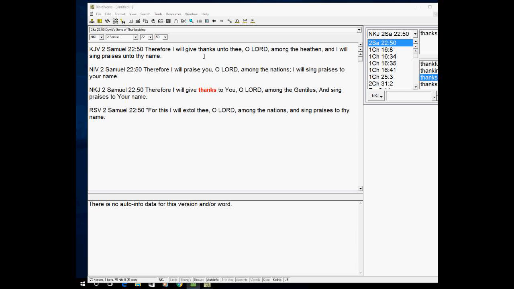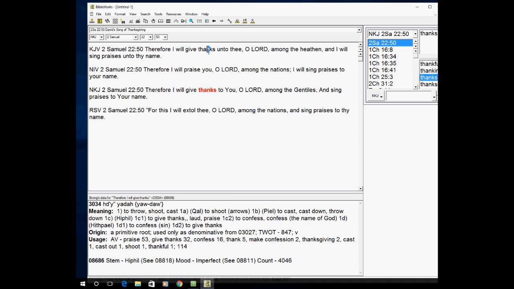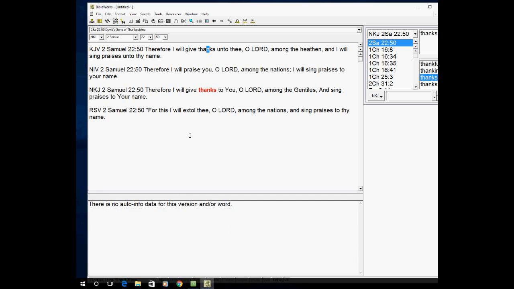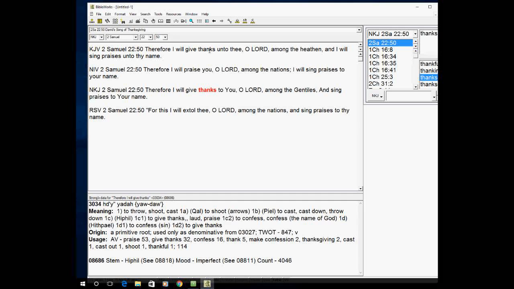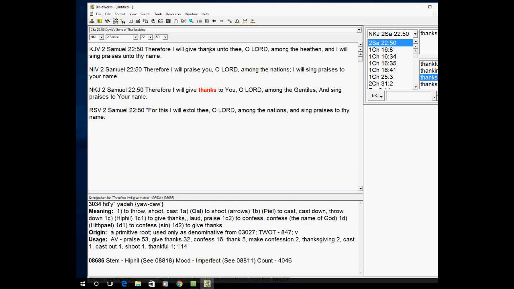And we'll bring up the Hebrew here for thanks. Bring up the word thanks, which is what Merriam-Webster defines prayer as, thanking God for something, or especially in order to give thanks.